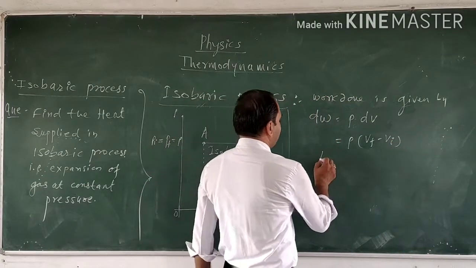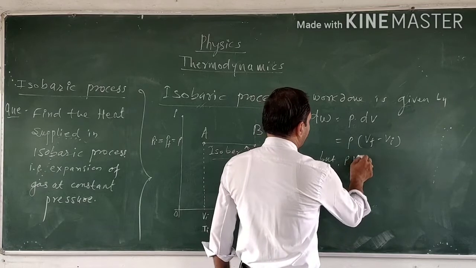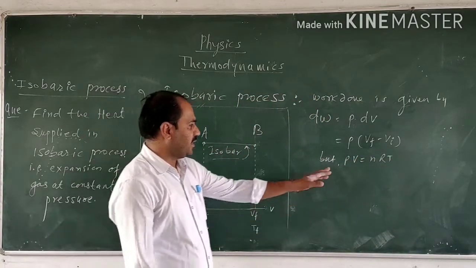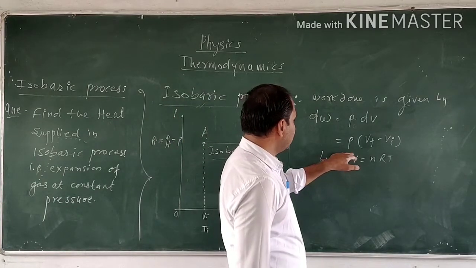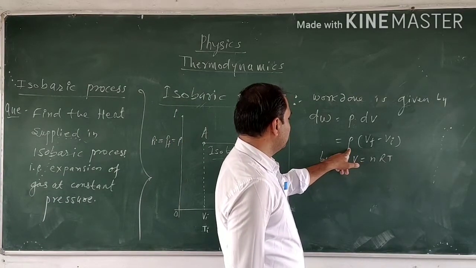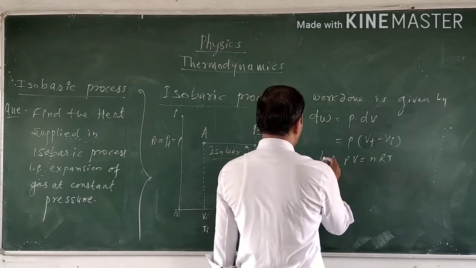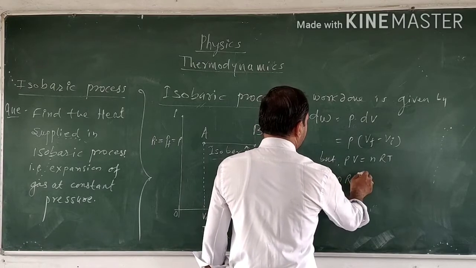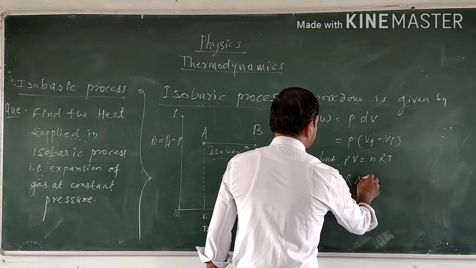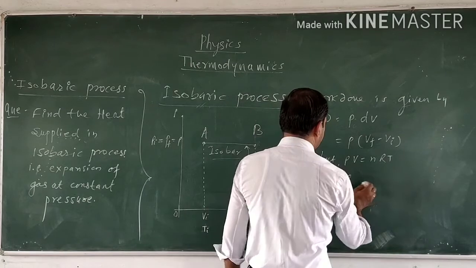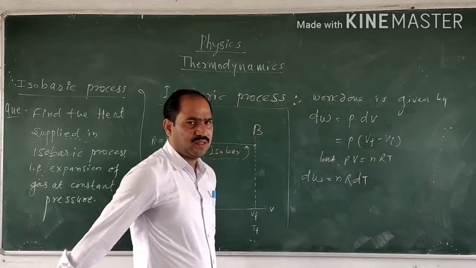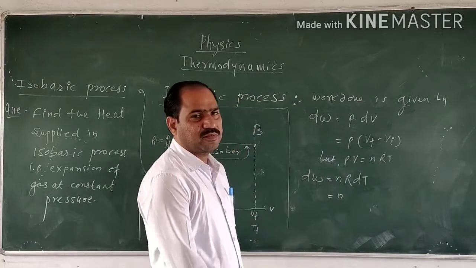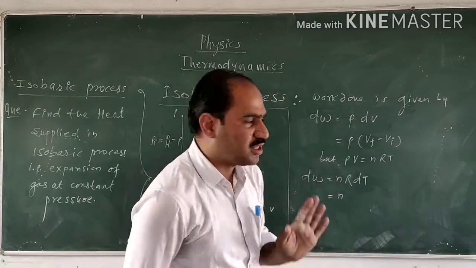Again here we have PV is equal to nRT. This is the ideal gas equation. Therefore, putting the value PV is equal to nRT, dW is equal to nR delta T. Here n is the number of moles of the gas, R is the universal gas constant.